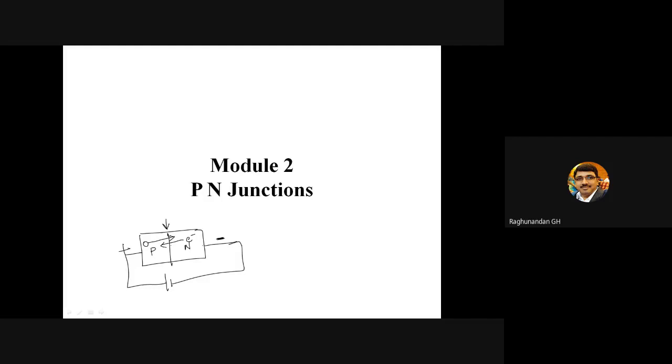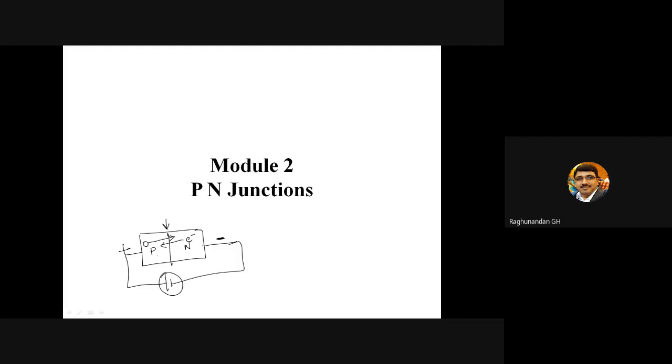But in order to do this, the voltage whatever you are applying here, this is very, very important. The voltage we are applying from the battery should be greater than the voltage across this junction.